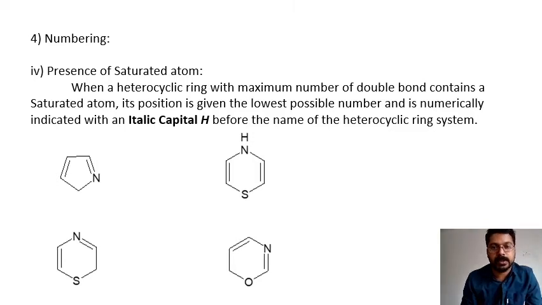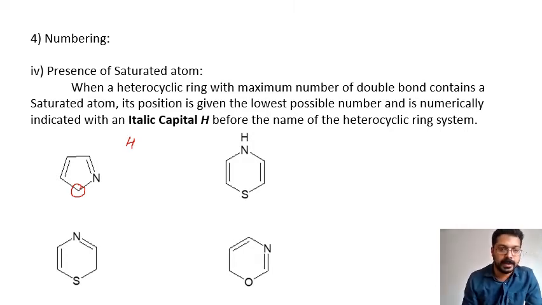Its position is given the lowest possible number, and it is indicated as an italic capital H. This saturated atom, bonded amid unsaturation, is indicated as an italic capital H. This italic capital H should be placed before the name of the heterocyclic ring system.